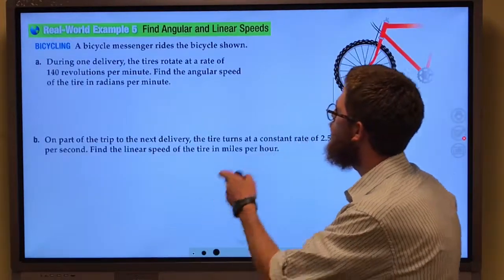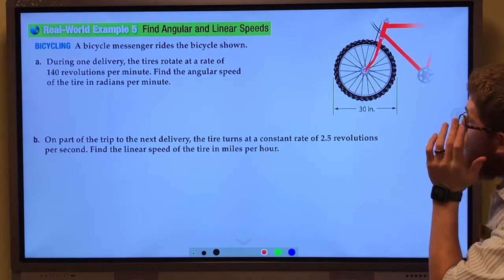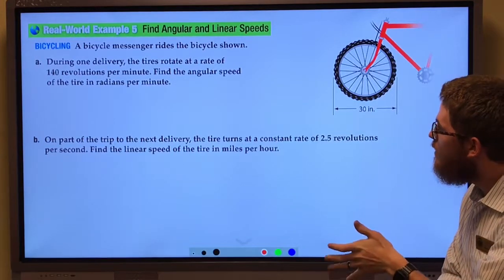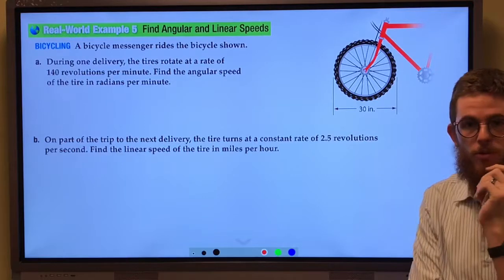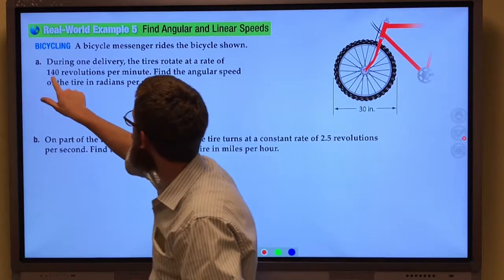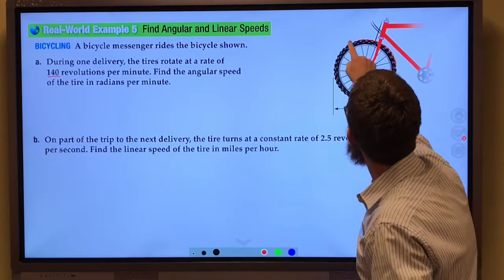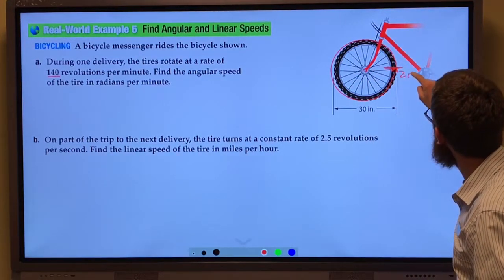So let's take a look here. It says here, during one delivery, the tires rotate at a rate of 140 revolutions per minute. Find the angular speed of the tire in radians per minute. Well, 140 revolutions. Every one revolution around the tire is 2 pi.